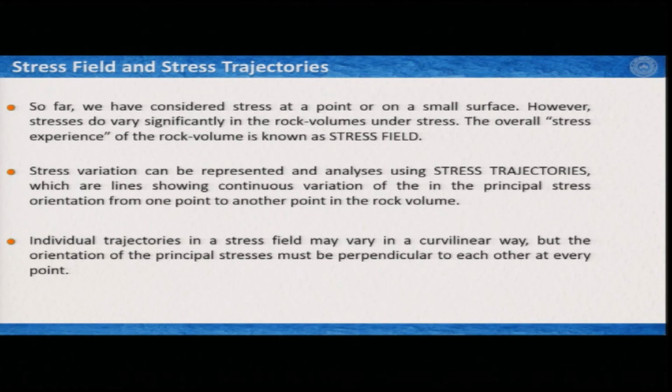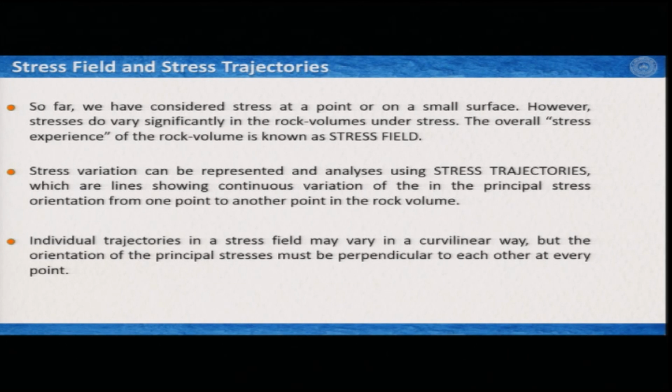Now, this stress variation can be represented, and one can analyze it using stress trajectories, which are the lines showing the continuous variation of the principal stress orientations from one point to another point within the rock volume.